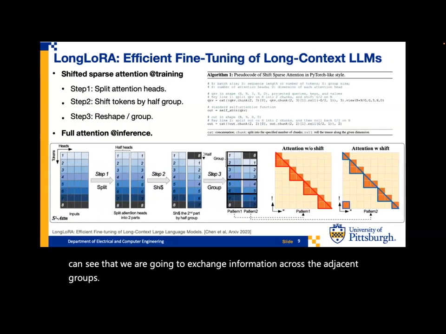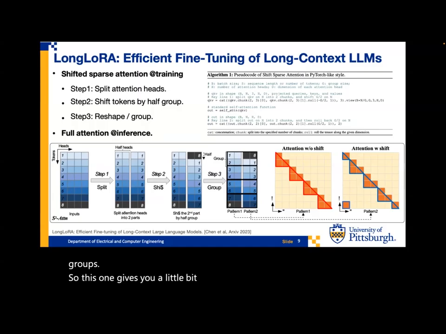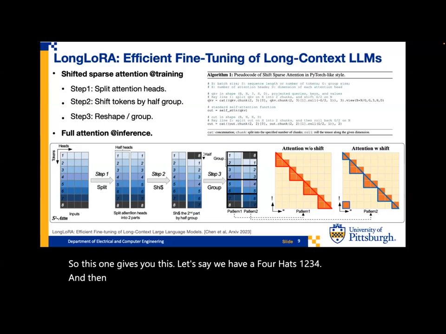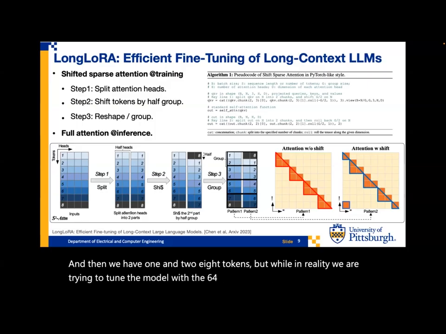So this one gives you a little bit more explanation. Let's say we have 4 heads, 1, 2, 3, 4, and then we have tokens 1 to 8. While in reality, we are trying to tune the model with 64 heads and 30K tokens, right?